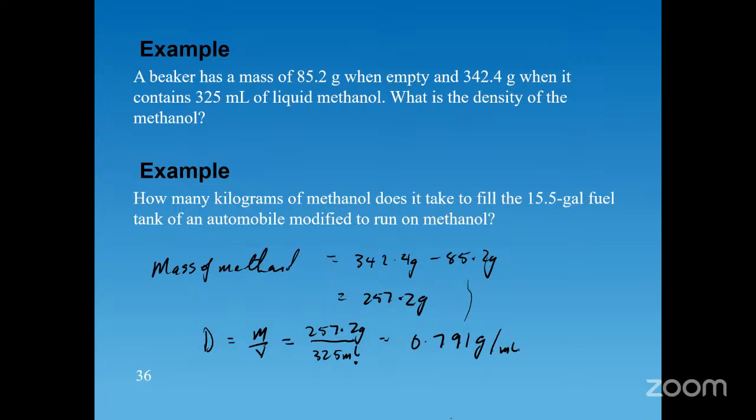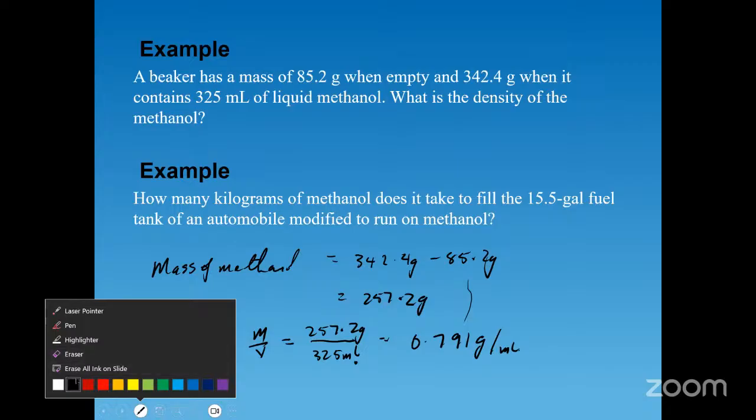Any questions about this one? Any questions? Okay, the next one is asking for the mass of methanol in kilograms that it will take to fill a 15.5 gallon fuel tank of an automobile modified to run on methanol. Okay, so let me clear this here.